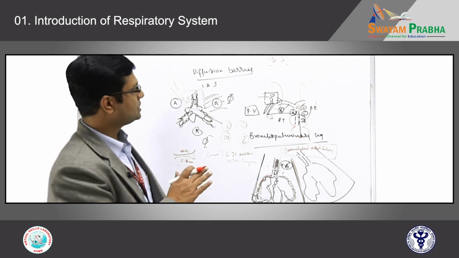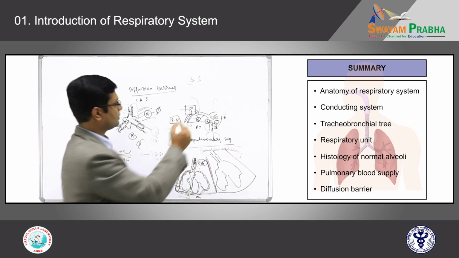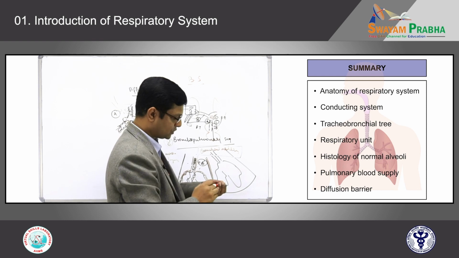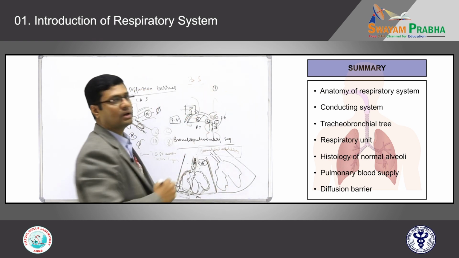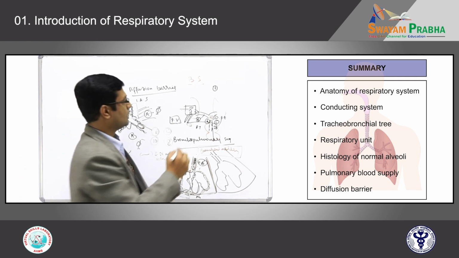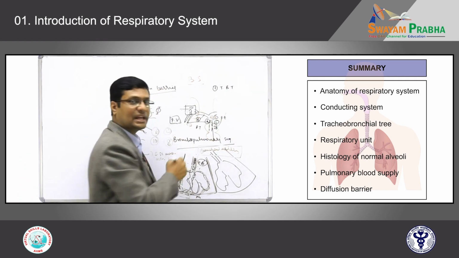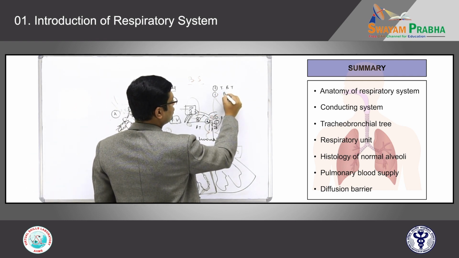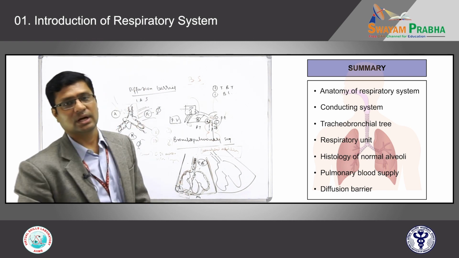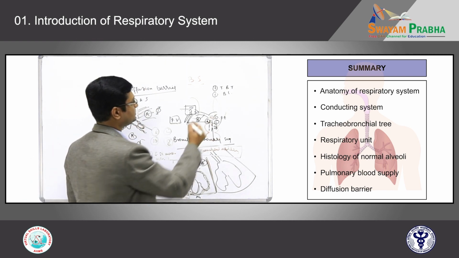So, in today's lecture we spoke about the normal anatomy. We spoke about the lungs, the tracheobronchial tree, its lining, and how it branches. We spoke about the blood circulation of the lung, what is pulmonary circulation, what is bronchial circulation.